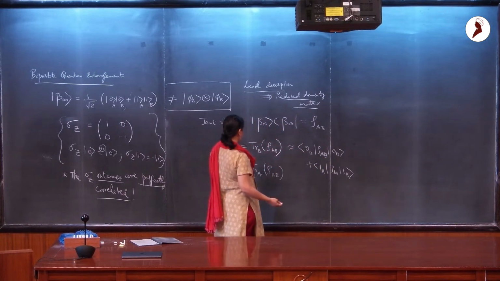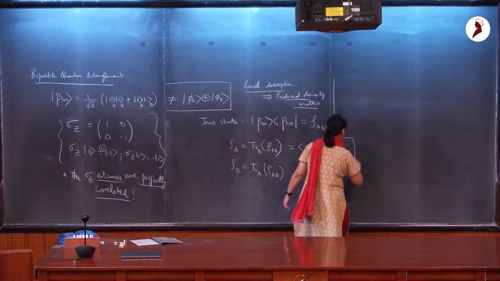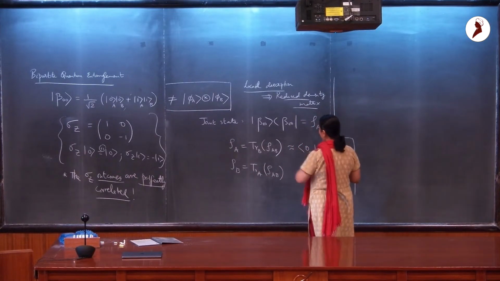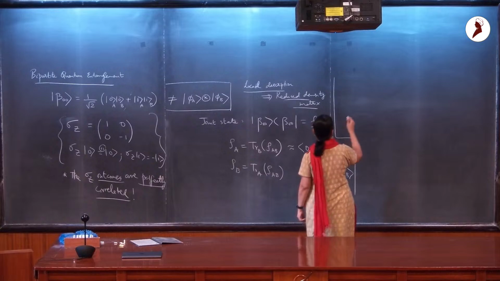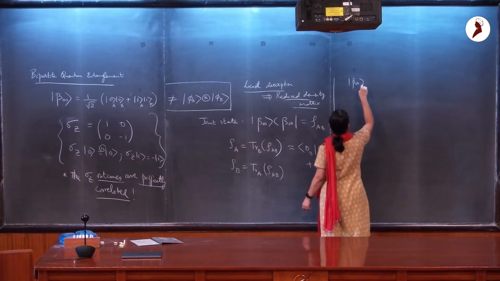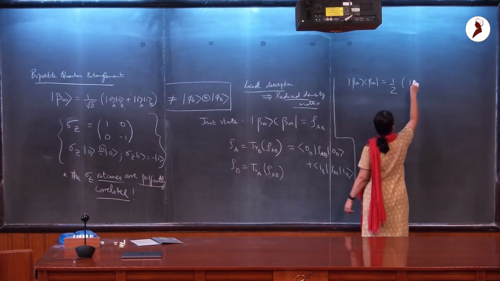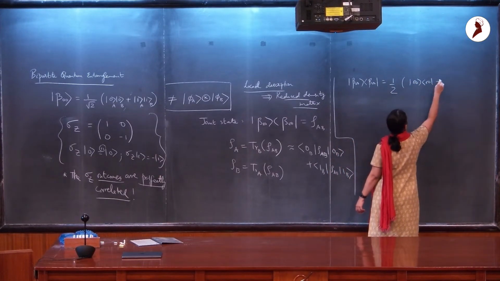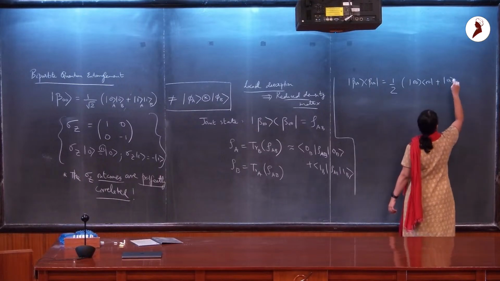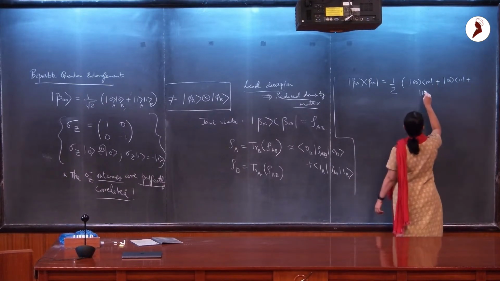So maybe it is useful to just do this computation once. Let me write this state out in all its gory detail. So this is basically a state that looks like this, right? This is 0, 0 plus 1, 1.